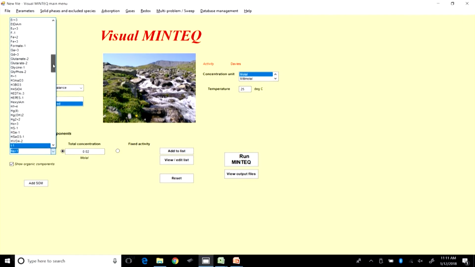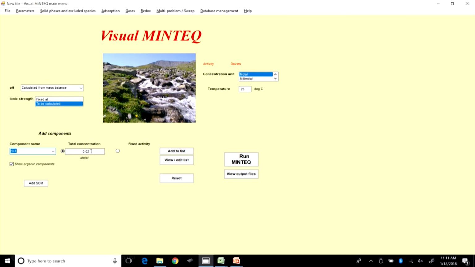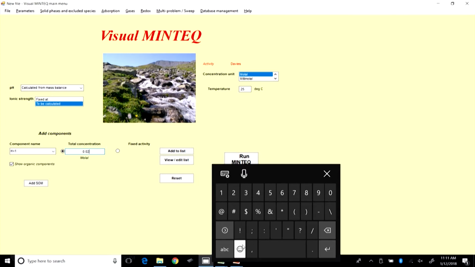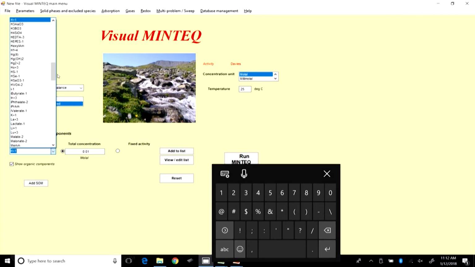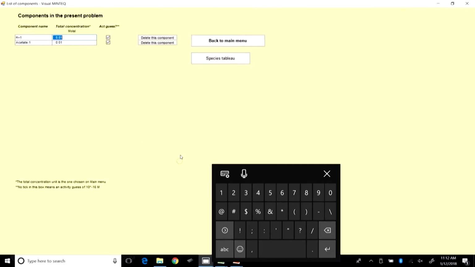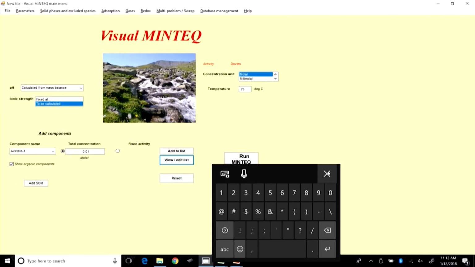H, and let me go with acetic acid at 0.01 molar, add to the list, and again acetate. I need to add the organic compounds, which I believe I did, same concentration. Let me view and edit the list, 0.01 and 0.01. So I'm going to go back to the main menu.